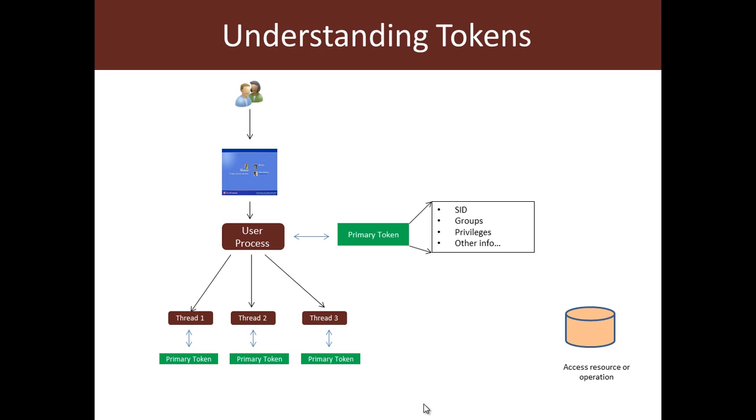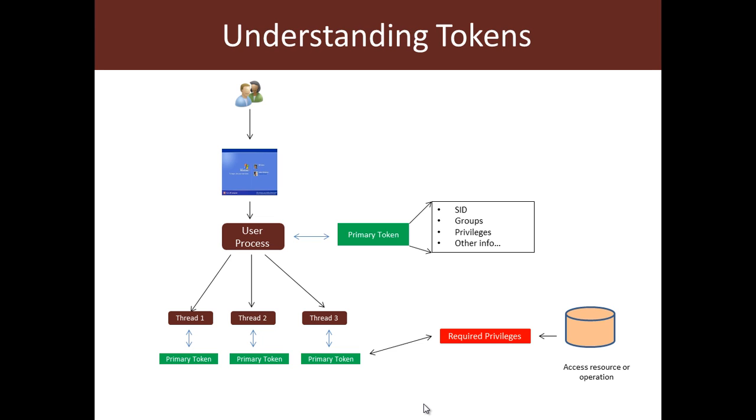Whenever one of the user processes or its threads wants to access a resource or operation which requires certain privileges, the primary token is taken and compared to the privileges requested. If the token has sufficient privileges, then it is allowed to access the resource or the operation.